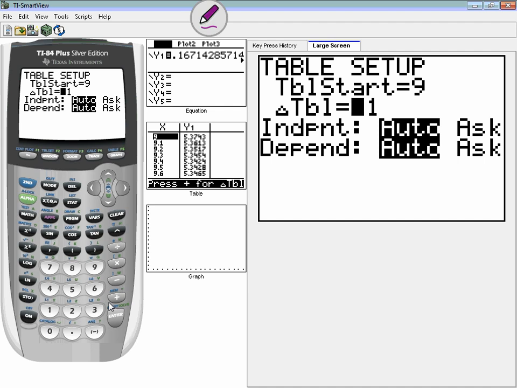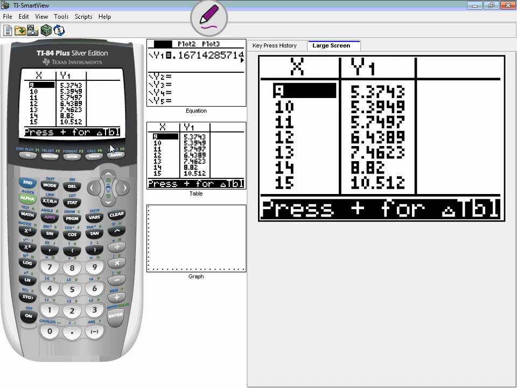The delta always just means change in your table. So what do you want to count by? What's the next number we want after 9? 10. So what are we going by? 1. So put a 1 in. Hit enter, and then go back to your table. Is that a little more helpful? Everybody there?